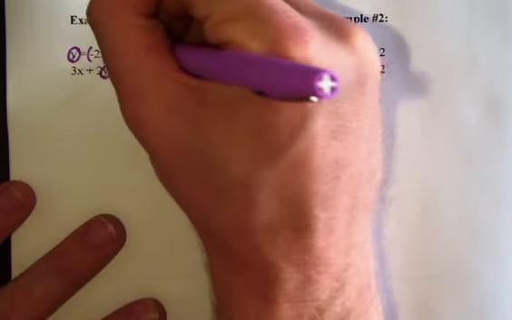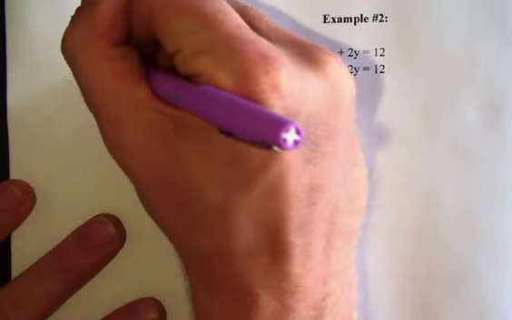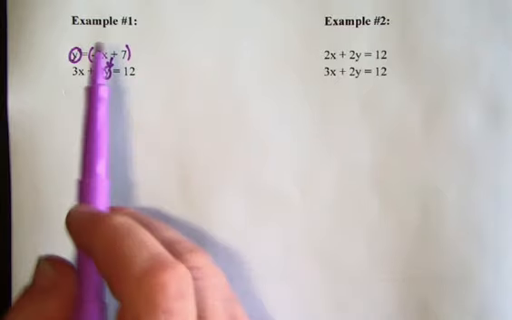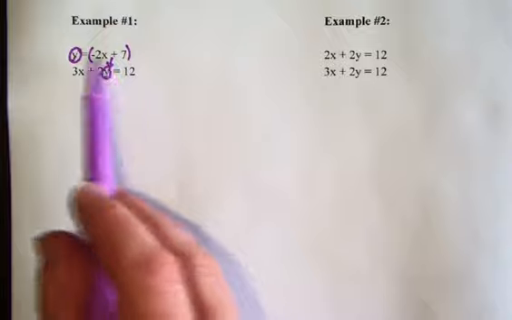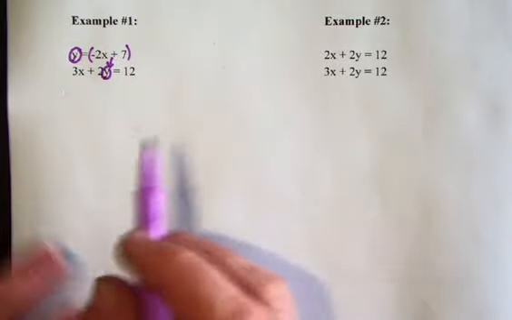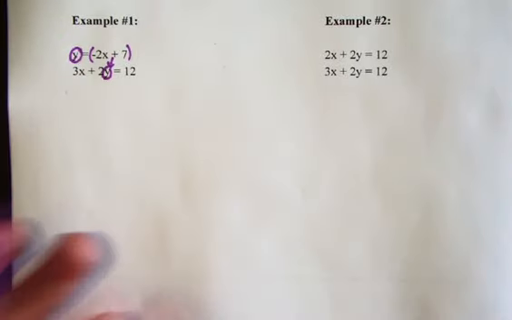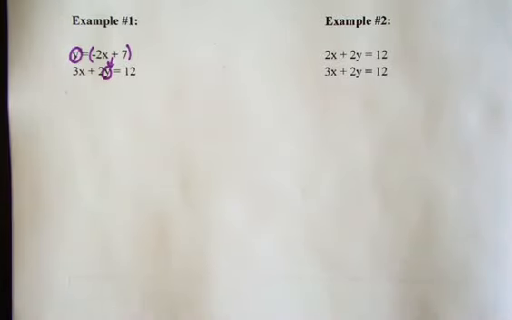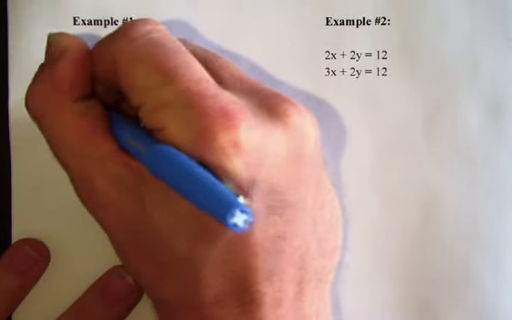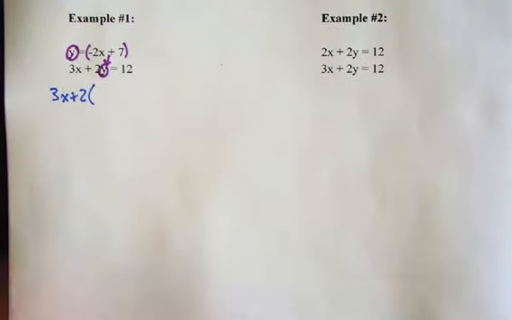So what we're going to do is we're going to take this expression and plug it in right here. That's what we're going to end up doing. Okay, so we've got y equals negative 2x plus 7, so that means we can put that in for the y here, and we're going to be able to solve. So we have 3x plus 2 times, well, guess what?